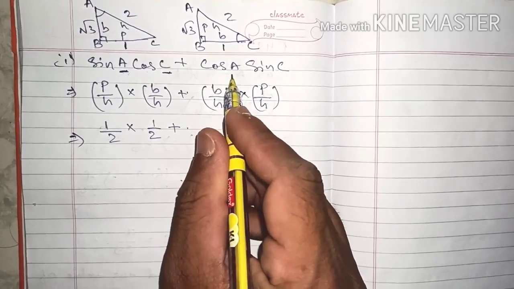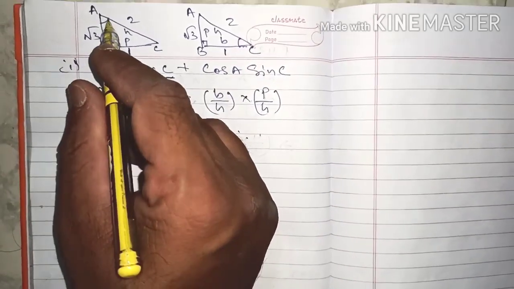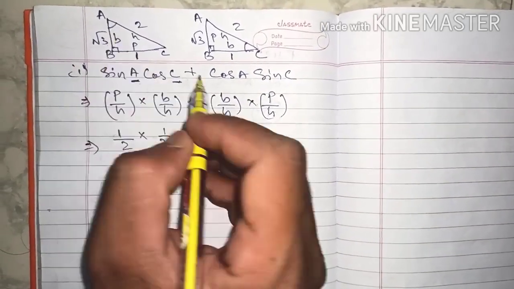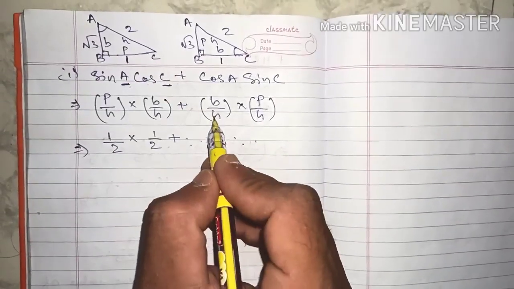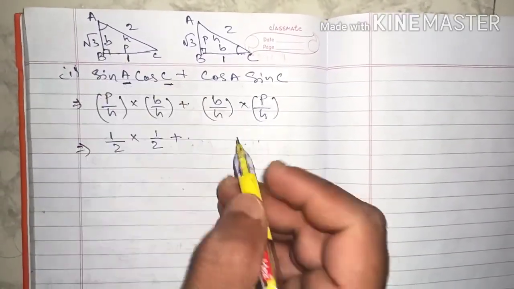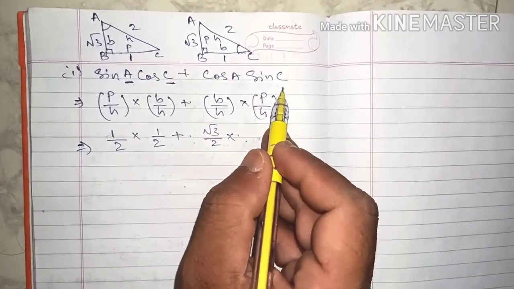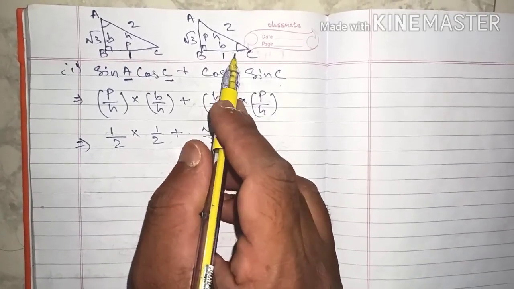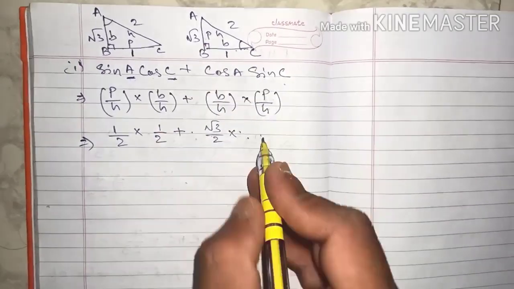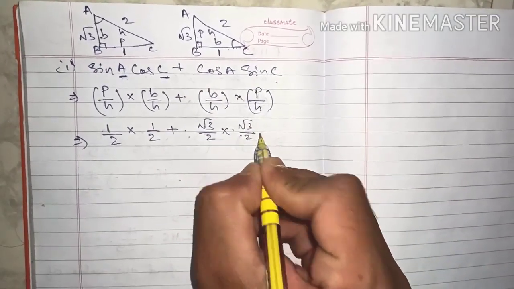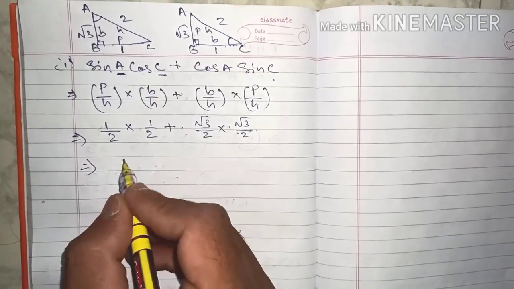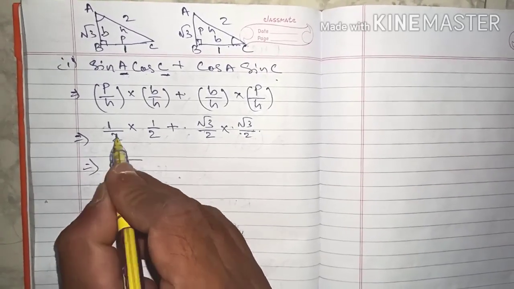Plus cos A from this diagram, where I have drawn a small arc on A, B by H, root 3 by 2. Are you getting it? Next, sin C from this diagram, P by H, root 3 by 2. Very easy. Just draw two diagrams, then it will be clear to you.